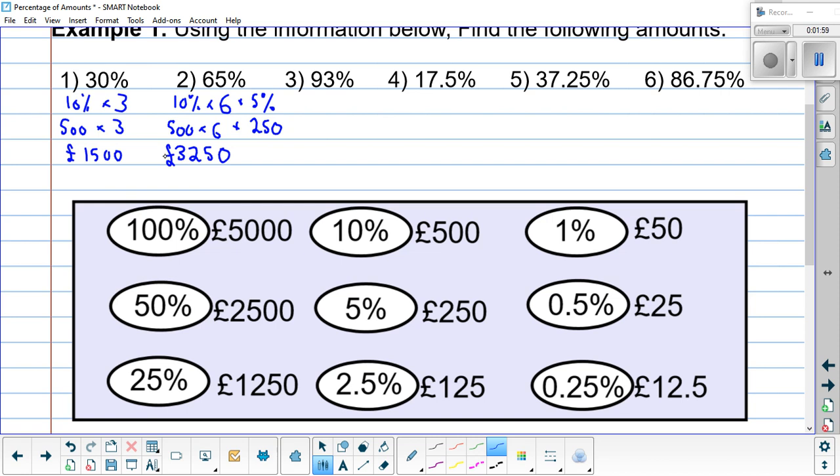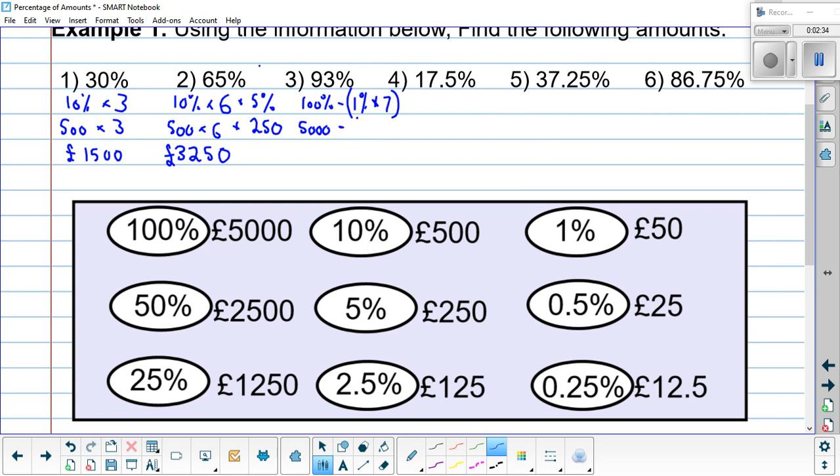Next one, we have 93%. This is quite close to 100%, so I'm going to start at 100 and take away from there. You don't have to, but it's a good time to use this one. So minus 1% times by 7, in brackets. Here we have 5,000, and we're going to take away, well, what's 1%?